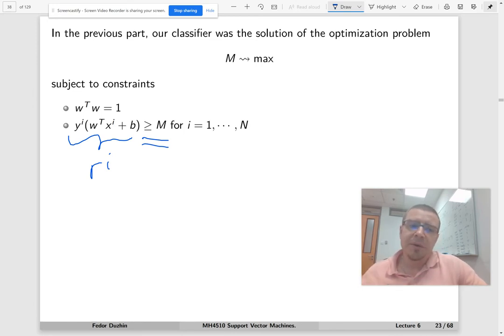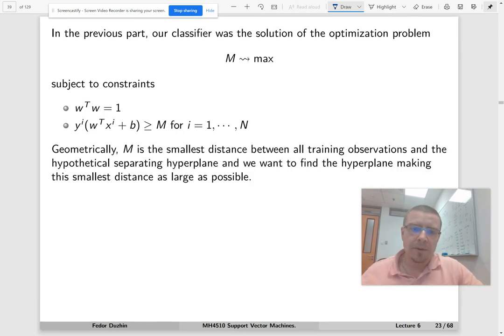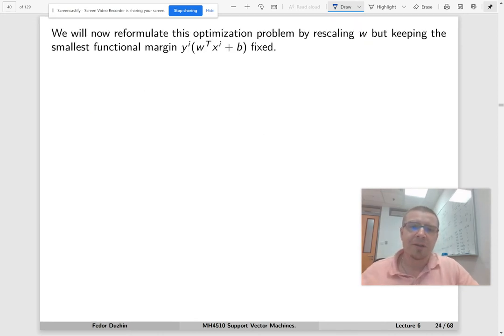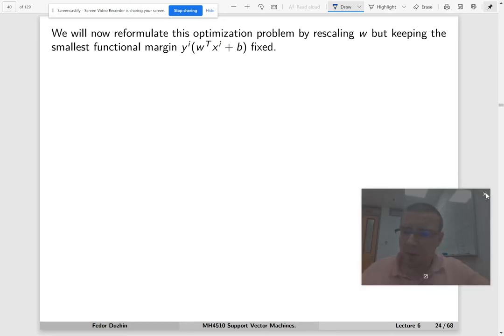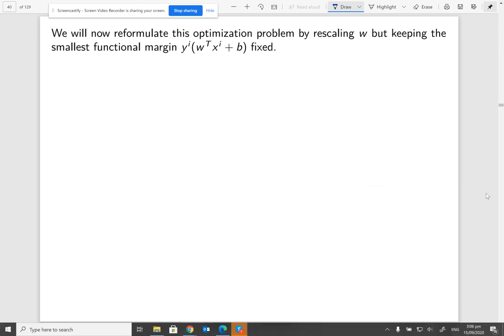And we just want to maximize it such that the norm of the vector w is fixed. Now we're going to rephrase it a little bit. Instead of maximizing the right-hand side of these inequalities, keeping the norm fixed, we're going to minimize the norm, keeping the right sides of the inequalities fixed. So let me explain how this is going to work.